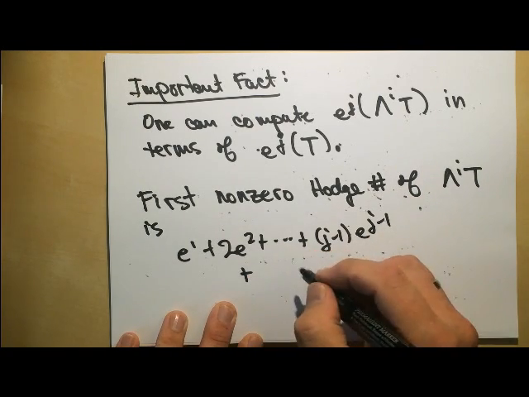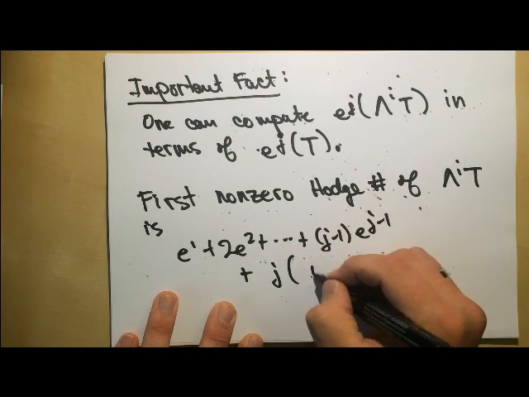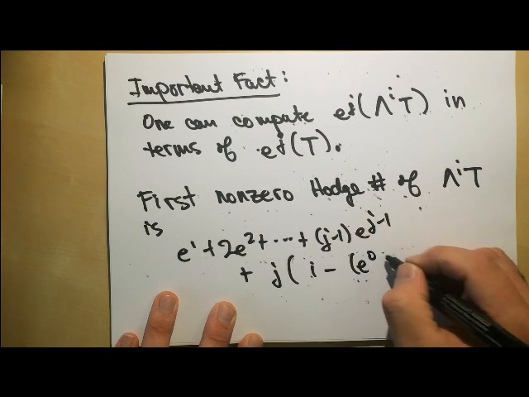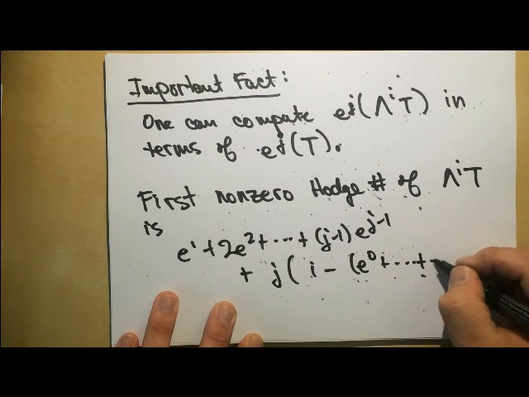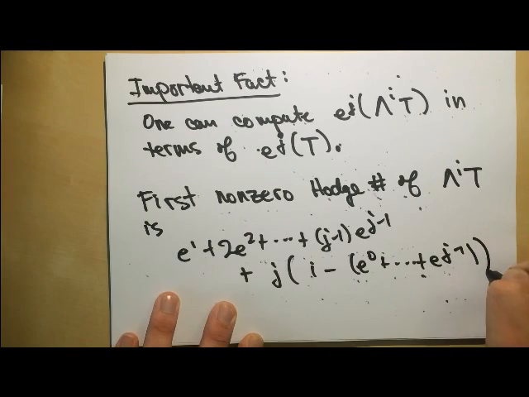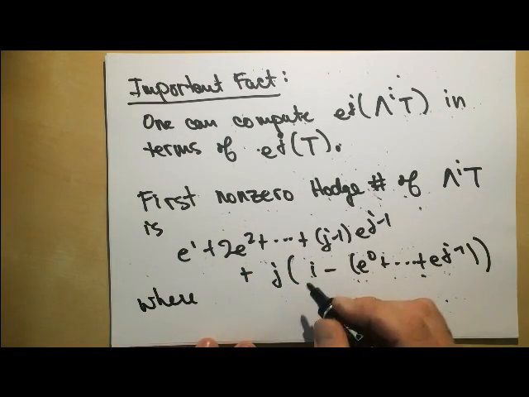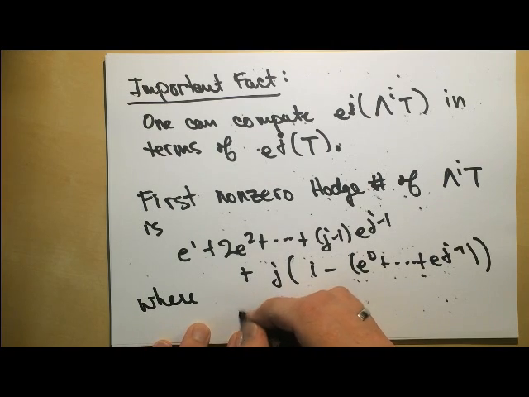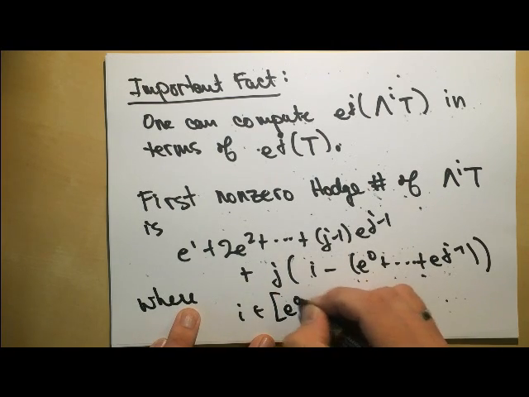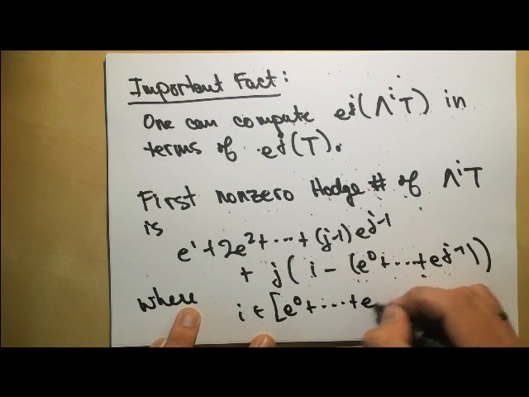This will maybe become clearer in a second. e_0, e_{j-1} here, where here I is going to be the number that's in e_0. So this is kind of a crazy expression that I'm writing down.